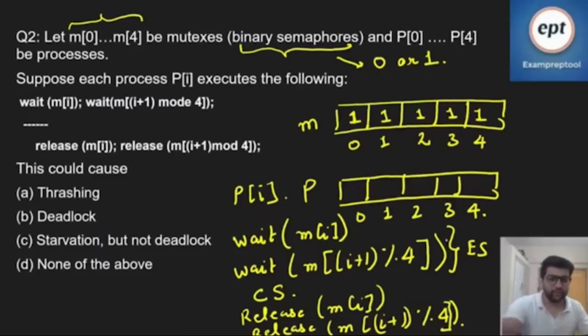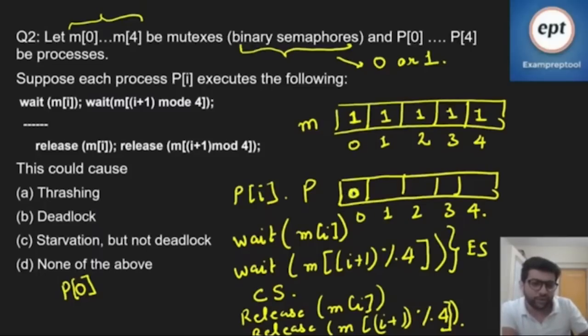Let us assume that the P0 process starts executing. It executes till this wait Mi instruction, and then it is preempted. So the P0 process has locked this mutex; let me write 0 here. It means the 0th mutex is locked by this particular process.